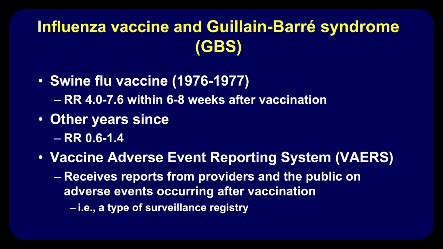And so these reports are received by VAERS, and you can think of it as a type of surveillance registry. But keeping in mind the source of the reports can be from healthcare providers, or even you as a person who receives a vaccine. If you feel that there's an adverse event that was caused by that, you can file a report with VAERS. So these are the kinds of things that make their way into that system.